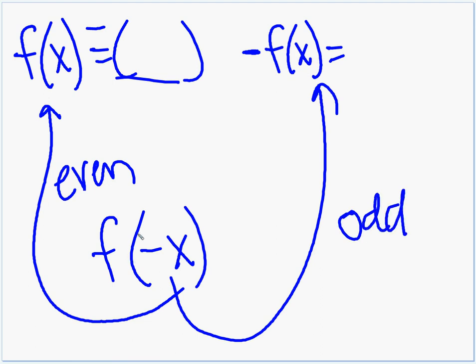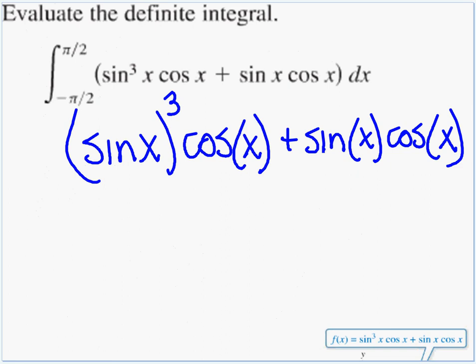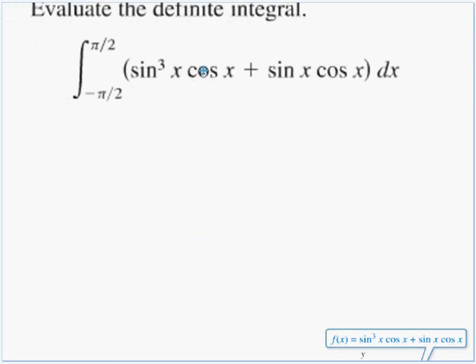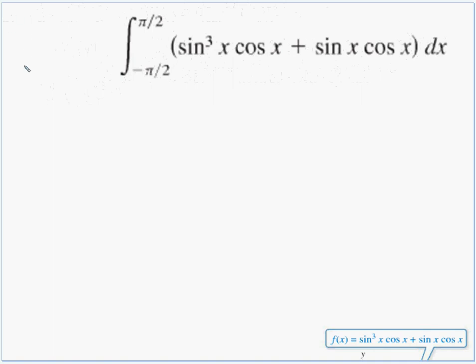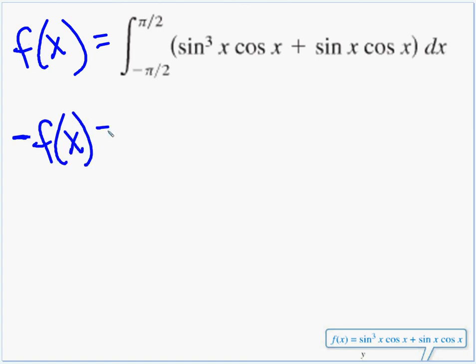So let's see what happens here. This is our f of x. We're going to find the negation of f of x. So just imagine we're going to distribute a negative across what I just underlined in blue. The first two terms are multiplied, so that would be a negative sine cubed x times cos x.